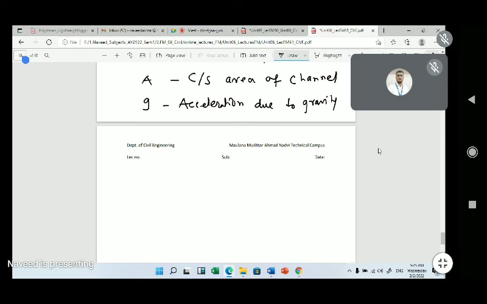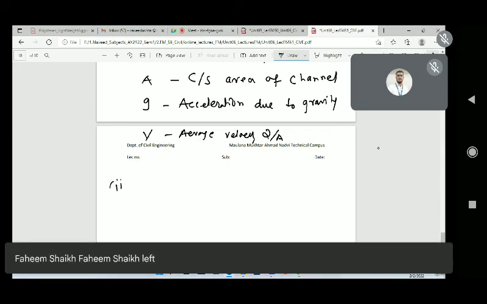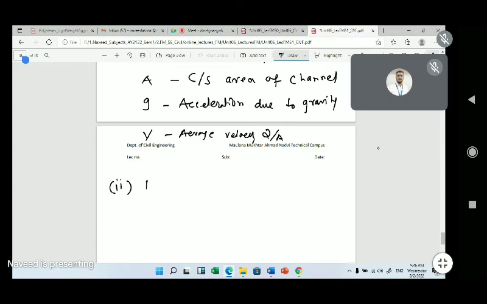We also know the average velocity. Average velocity is nothing but the ratio of constant discharge to the cross section area where you are measuring the velocity. Second, the dynamic equation for the rectangular channel.